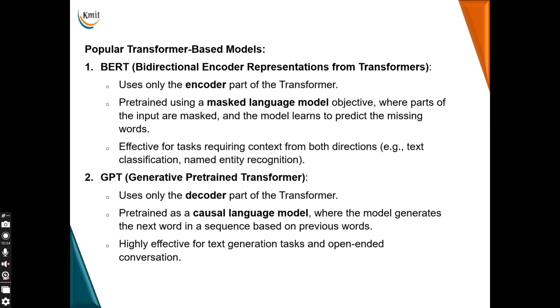So if you notice the smart compose of mails, when you are trying to compose the mail, it will try to identify what could be the next word when you are typing the mail, right? Causal language model. Highly effective for text generation tasks and open-ended conversations. That is where we are taking advantage of ChatGPT.